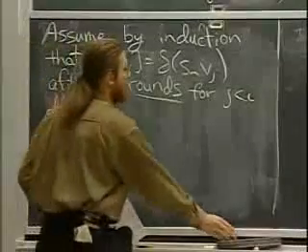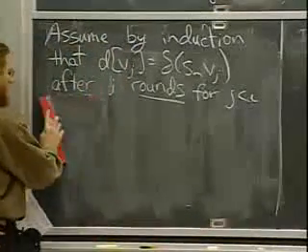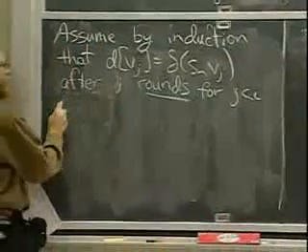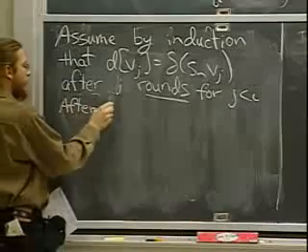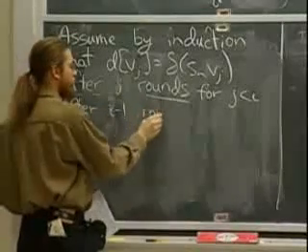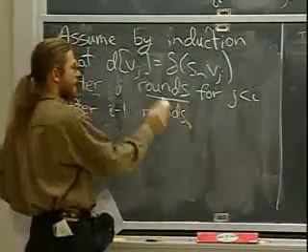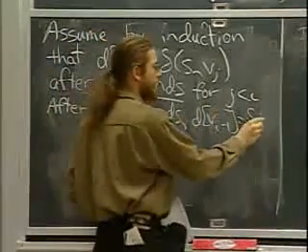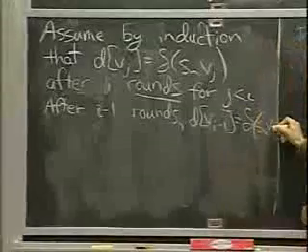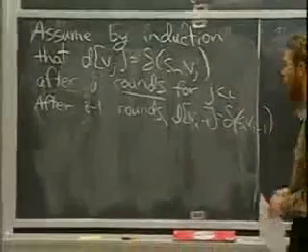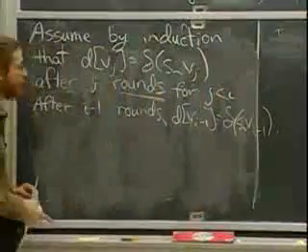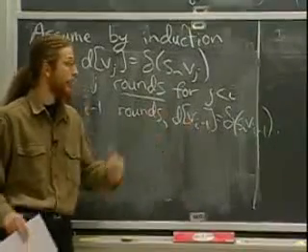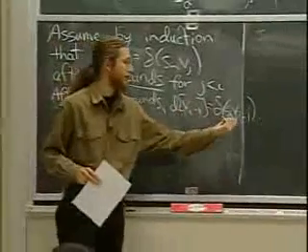Well, let's think about what's going on here. We know that, let's say, after i minus 1 rounds, we have this inductive hypothesis, d of vi minus 1 equals delta of s, vi minus 1. And we want to conclude that after i rounds, so we have one more round to do this, d of vi has the right answer, delta of s comma vi.